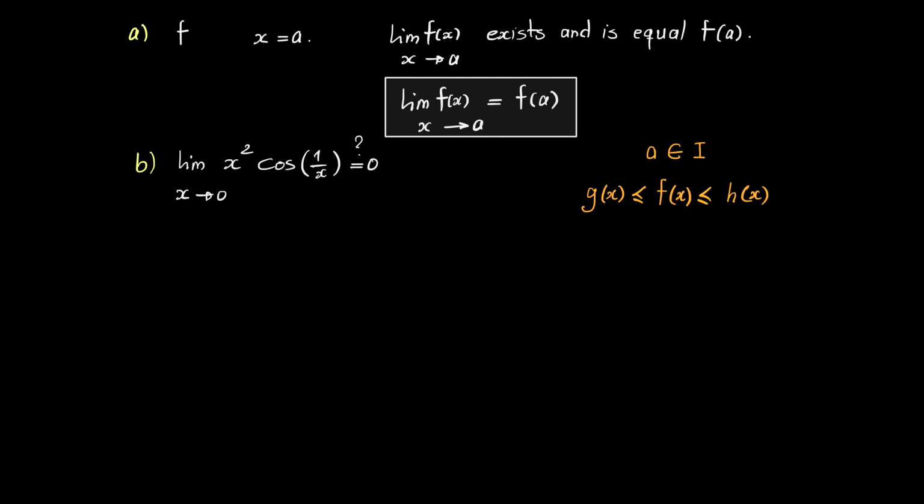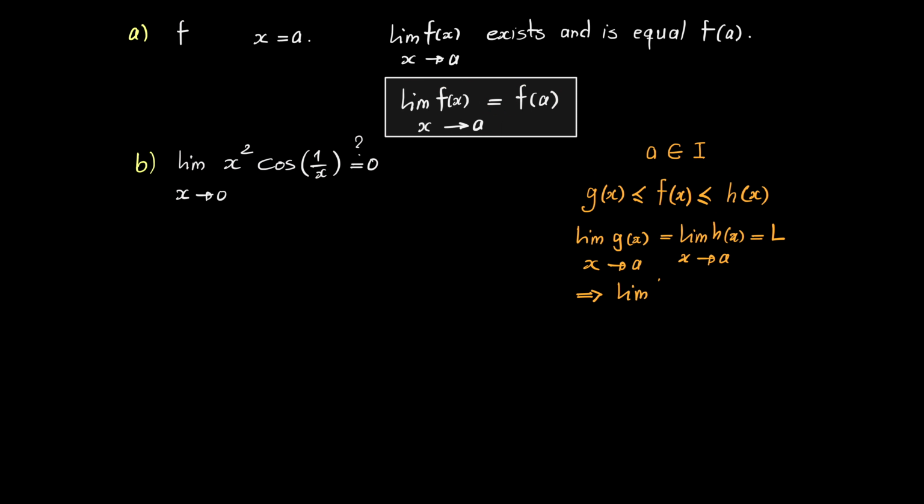And moreover, we know that the limit of the function on the left, say g of x, when x goes to a exists, and the limit of h of x, the rightmost function, when x approaches the same number a, exists, and they are equal to the same value L. What happens if all these conditions are met?